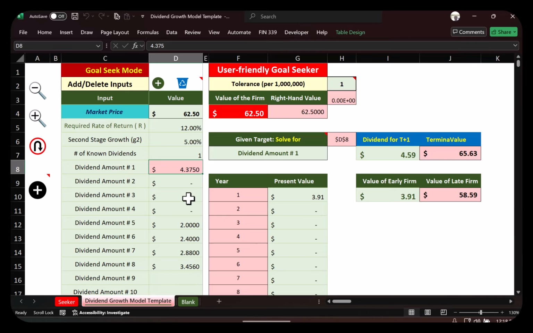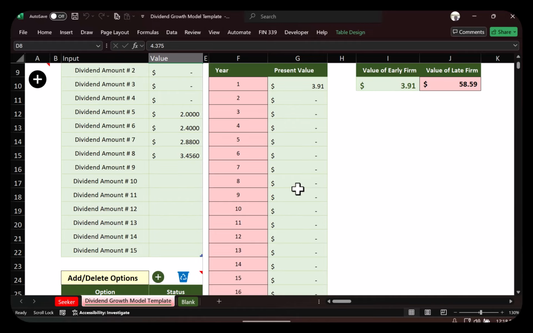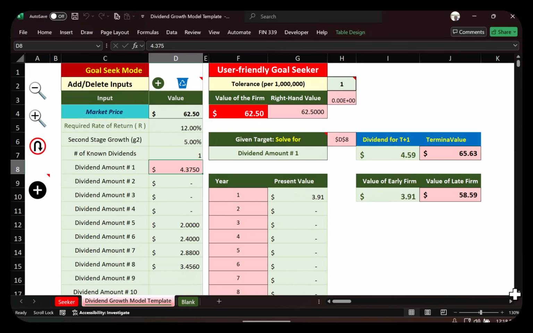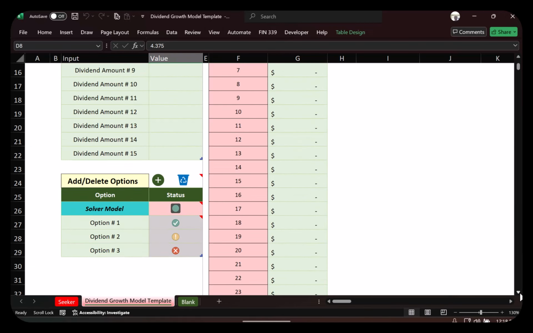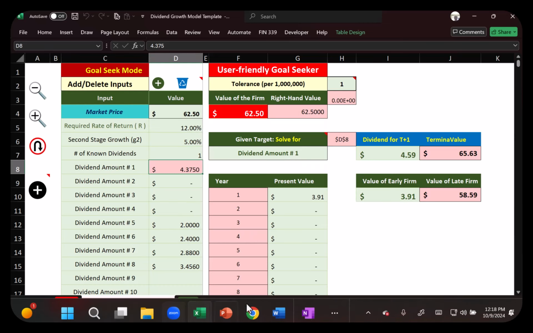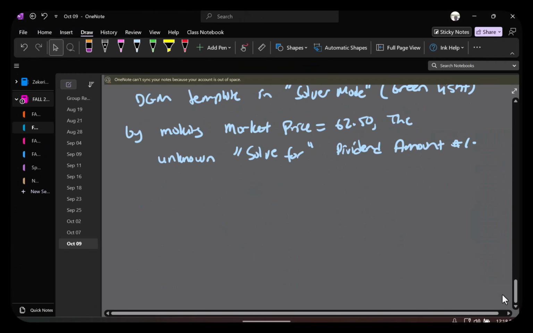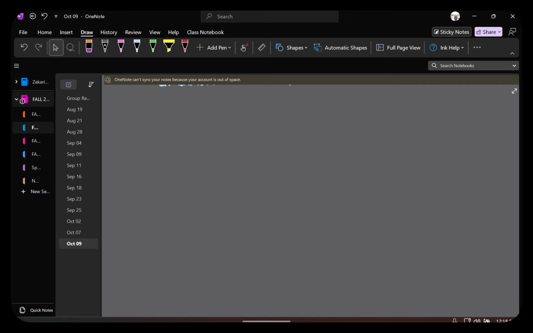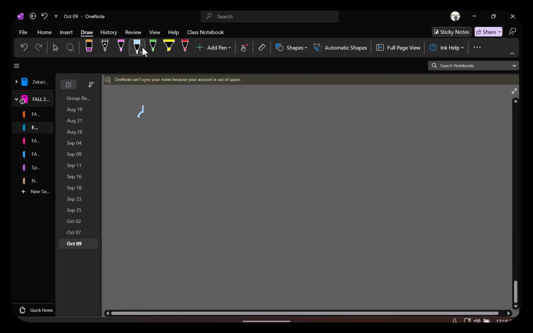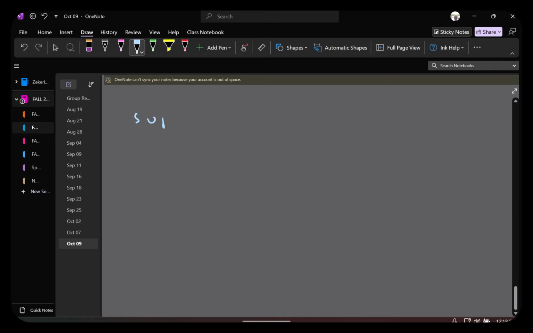Now let's make a more interesting calculation. Suppose, let's go back to, oh, not this one. You have some discount rate.